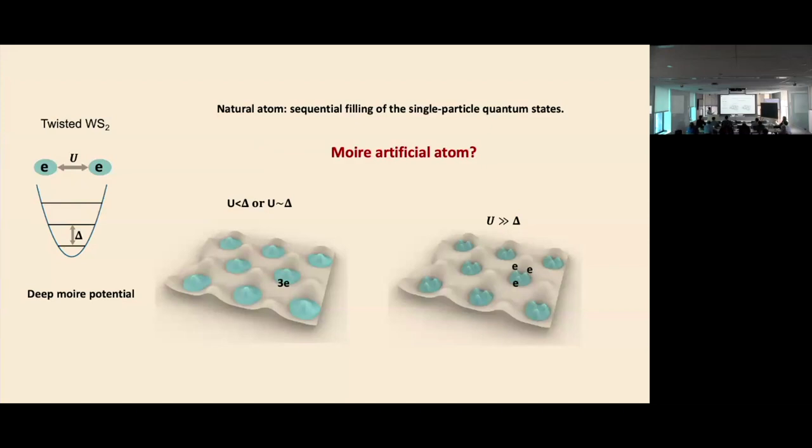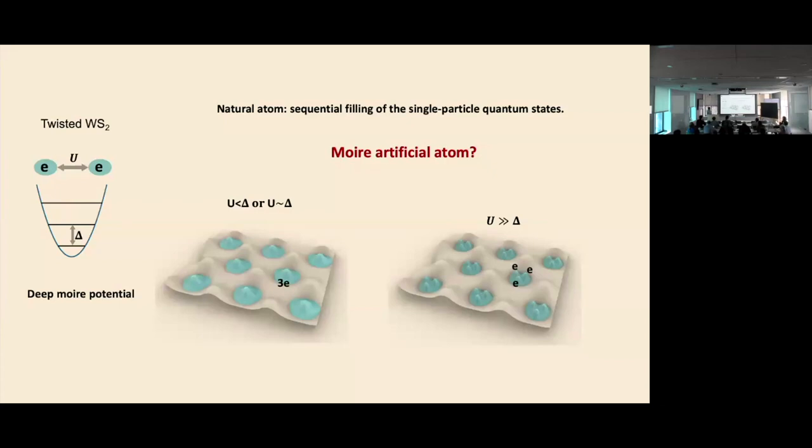In a Moiré superlattice, it turns out that this competition between the Coulomb energy U and the quantized energy delta can be tuned in different systems and tuned by the Moiré period. So one can indeed push them into different limits.